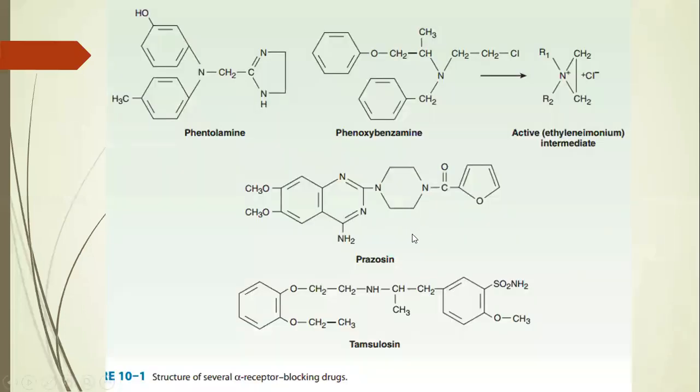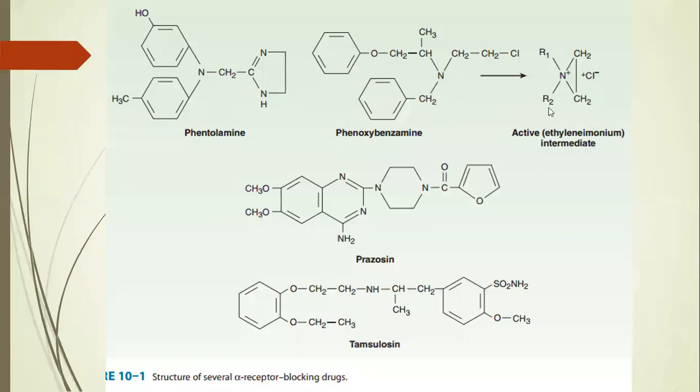Let's move on. Here is the picture that I have taken from the book Katzung Pharmacology, figure 10-1, structure of several alpha receptor blocking drugs. As you see when looking at their structure, they contain a benzene ring and an ethylamine group, and here is also an amino group.